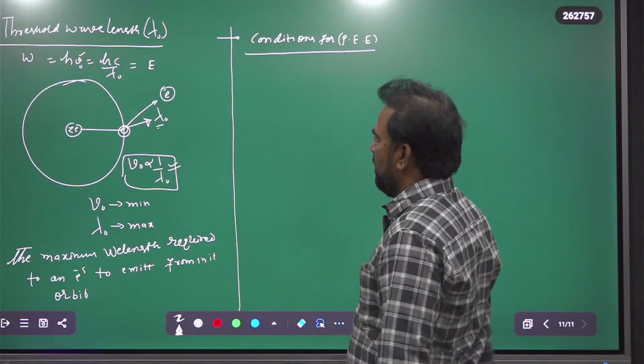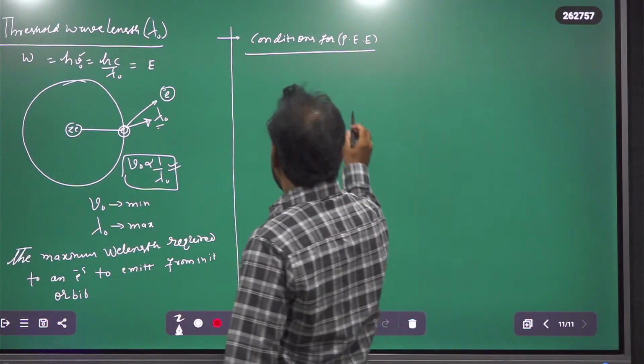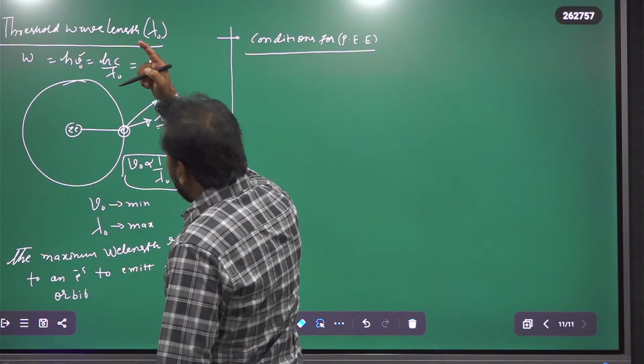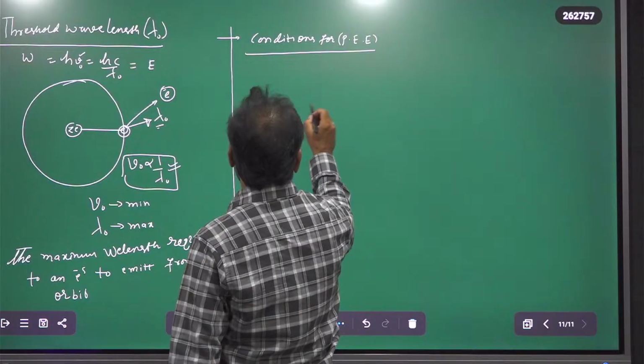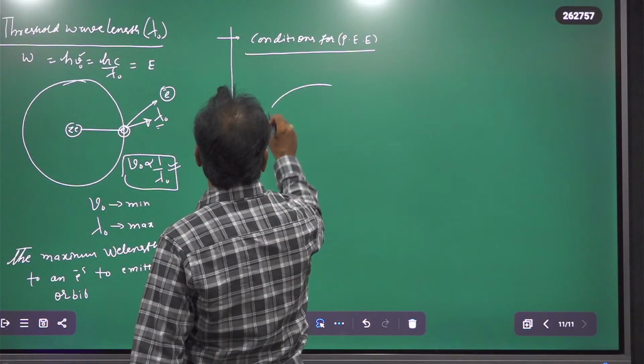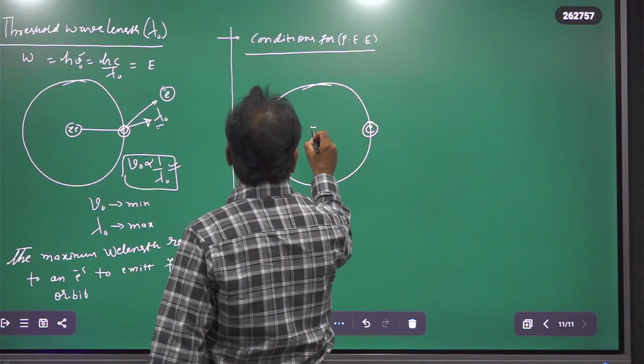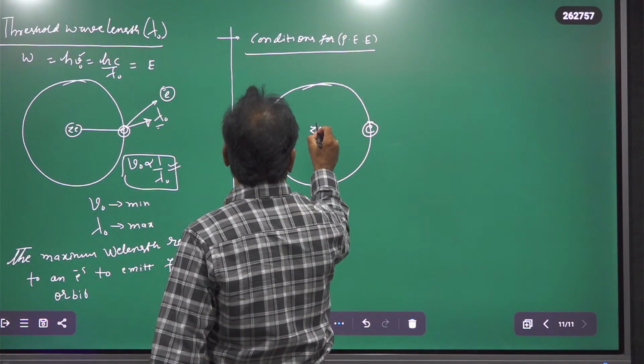See here, it is very clear that before incident energy, the electron is revolving around the nucleus like this, with a nuclear attraction force.